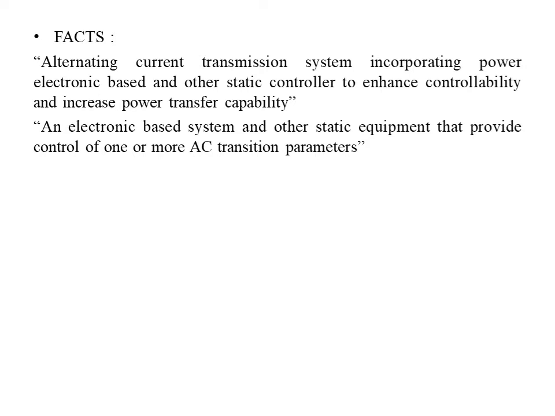So the FACTS controller is a system that controls the power in the system by controlling different parameters. A FACTS system can control the power transfer capability by controlling various parameters such as voltage, current, power angle, etc.